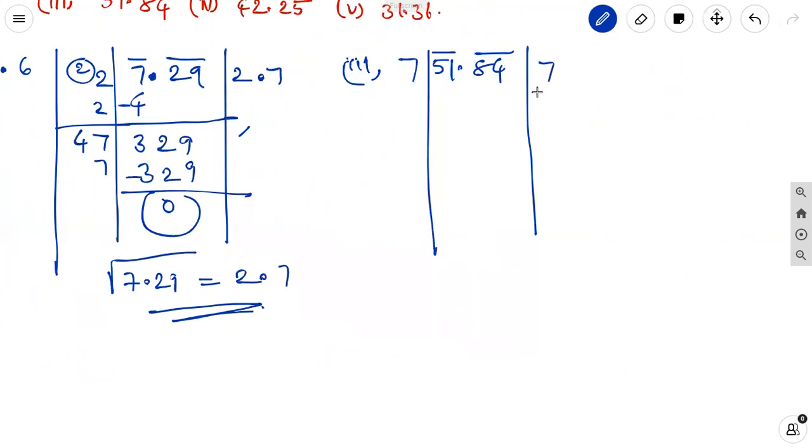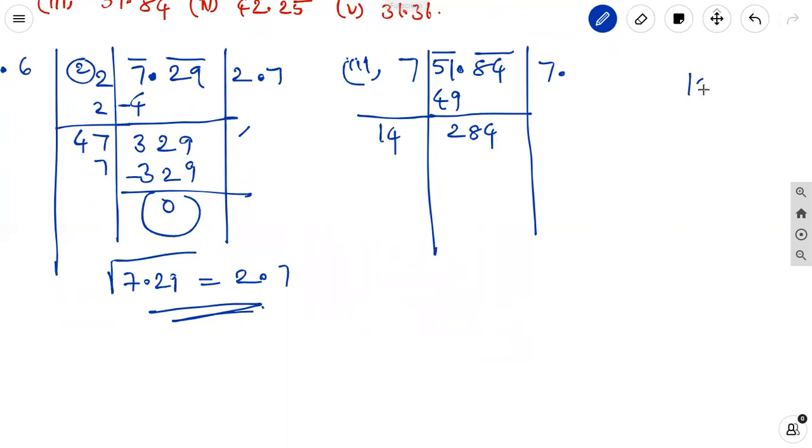So 7 7s are 49. The remainder is 2. Put the point in the quotient, and in the second step take the double of 7, that is 14. Write 84, the decimal part, beside the remainder. Then the dividend is 284.